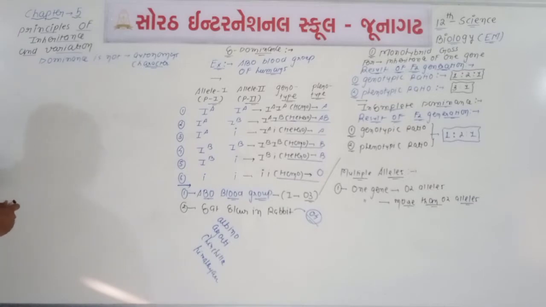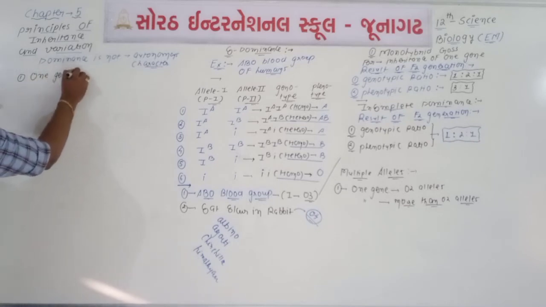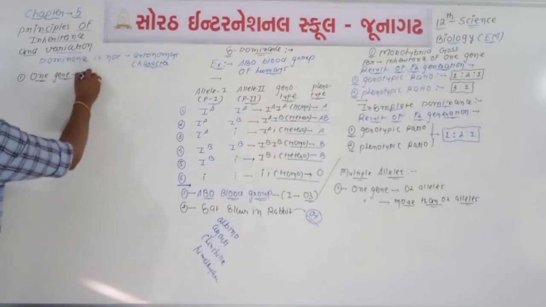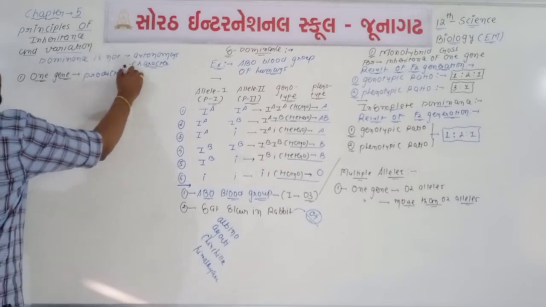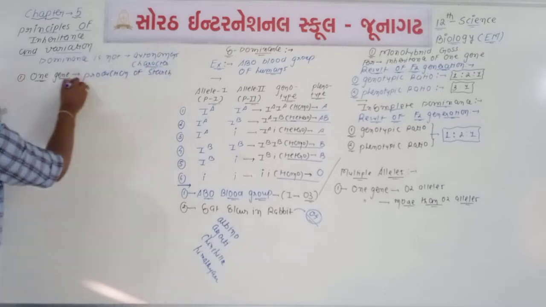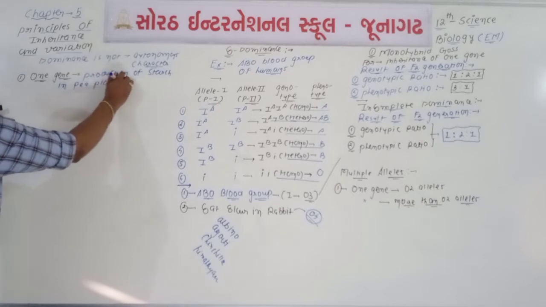Here we are talking about one gene which is responsible for the production of starch in Pisum sativum, meaning pea plants.